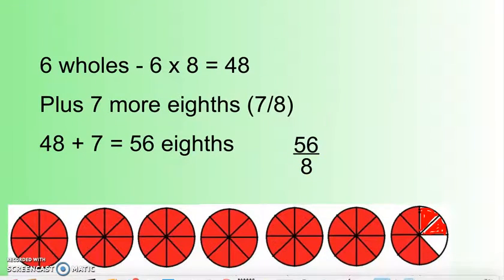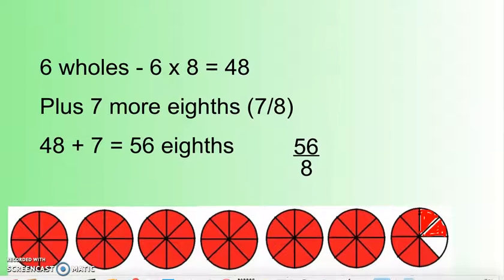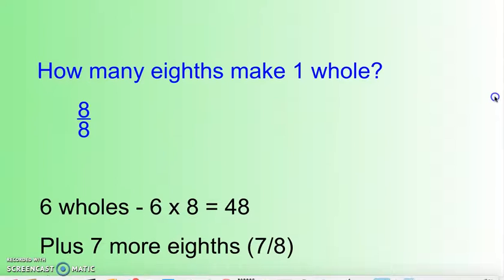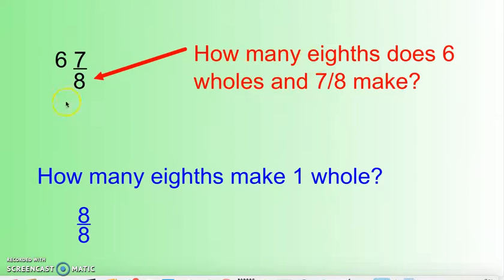And notice what we did was we took how many whole amounts, and we had 6, and we figured out, okay, if everything is separated into eighths, this denominator is a big clue for us on how many equal parts are in each whole. So if I have eighths, I'm really taking the 6 times the 8, and then what do we do last? We added the additional eighths that we had, and there were 7 additional ones. So it was 6 times 8 plus 7.